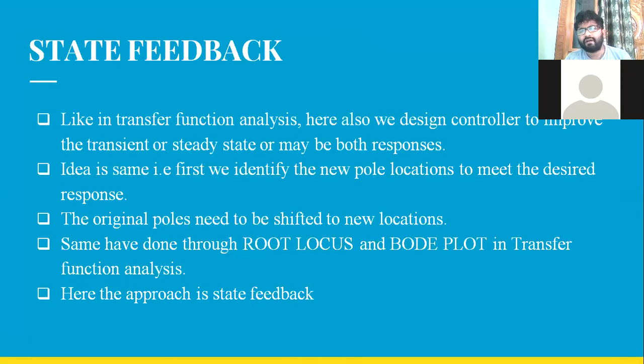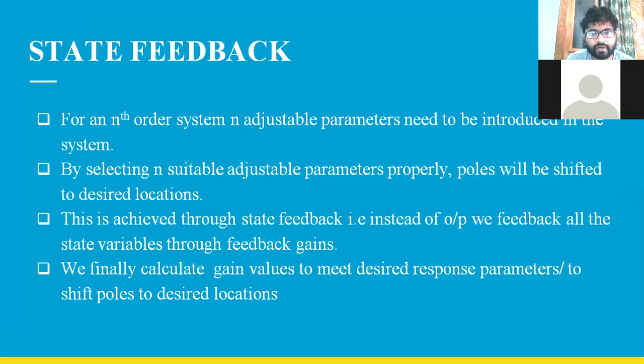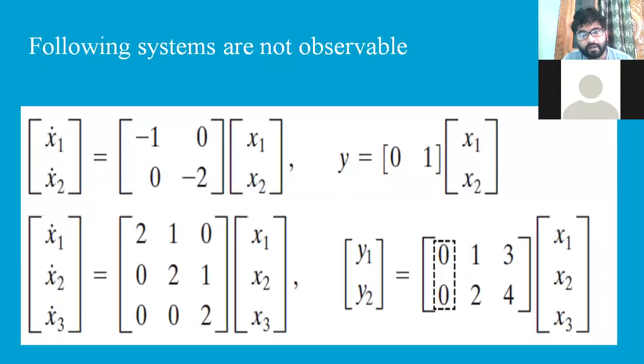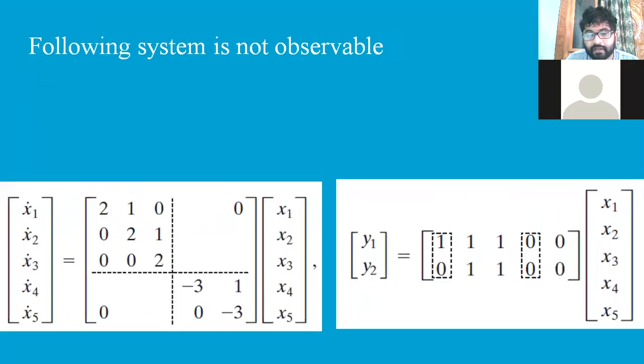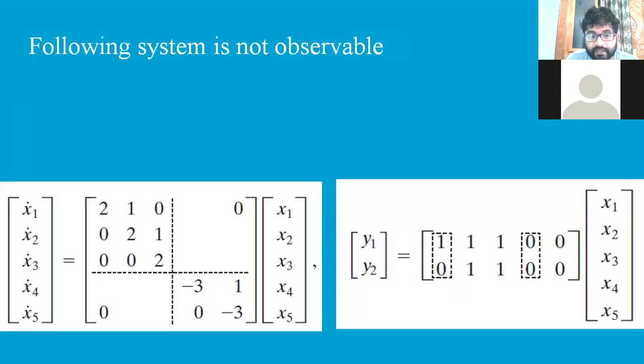This is not the only method to comment on controllability and observability. There are many methods available. The best method is what we discussed yesterday, controllability through the controllability matrix. But identifying controllability and observability through the Jordan block is clearly mentioned in your syllabus. That is why we have taken these examples.